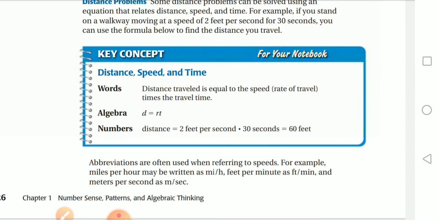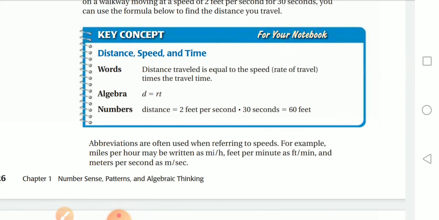Words: distance traveled is equal to the speed, rate of travel, times the travel time. This is like physics. Algebra: d equals r times t. Numbers: distance equals 2 feet per second times 30 seconds, equals 60 feet.